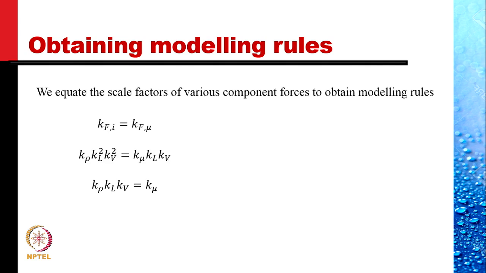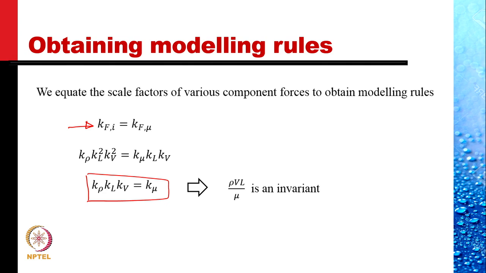So, for example, if we equate the scale factor for the inertial force and the viscous force, we get this relation among the scale factors for the independent parameters. And then from this, we can write rho VL by mu as an invariant.